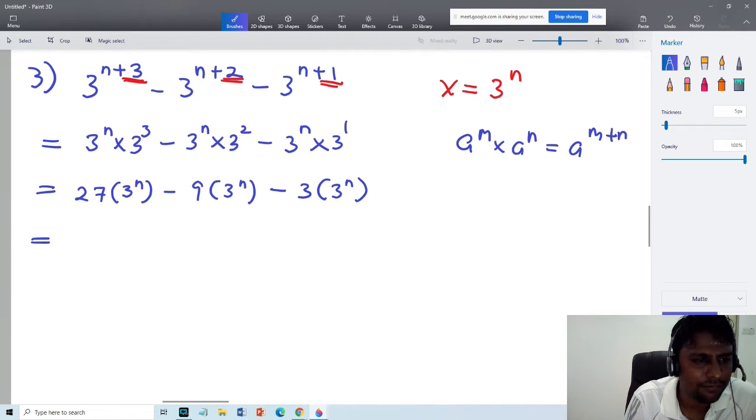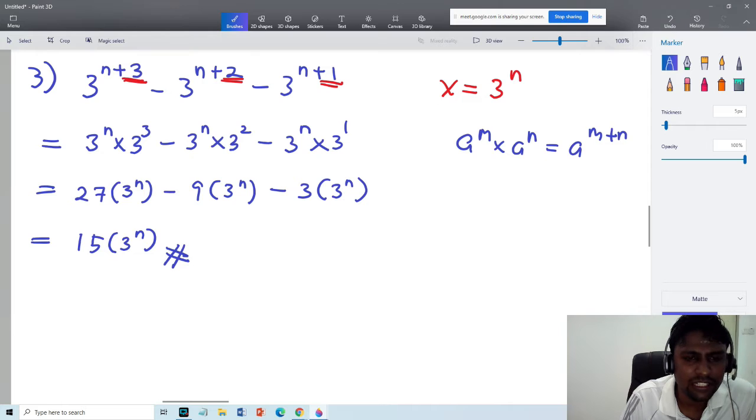Okay, this one is 12. It's supposed to be 15. 15, because 27 minus 12 is 15.